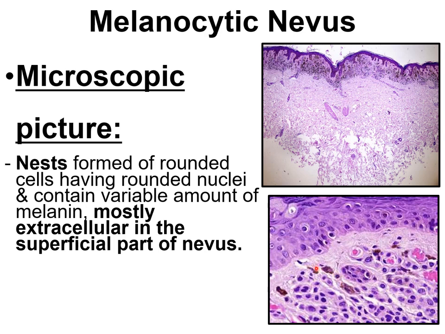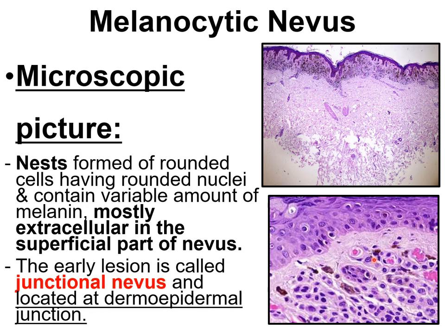So the nevus cells are groups or nests of cells formed of rounded cells with rounded nuclei and containing melanin.